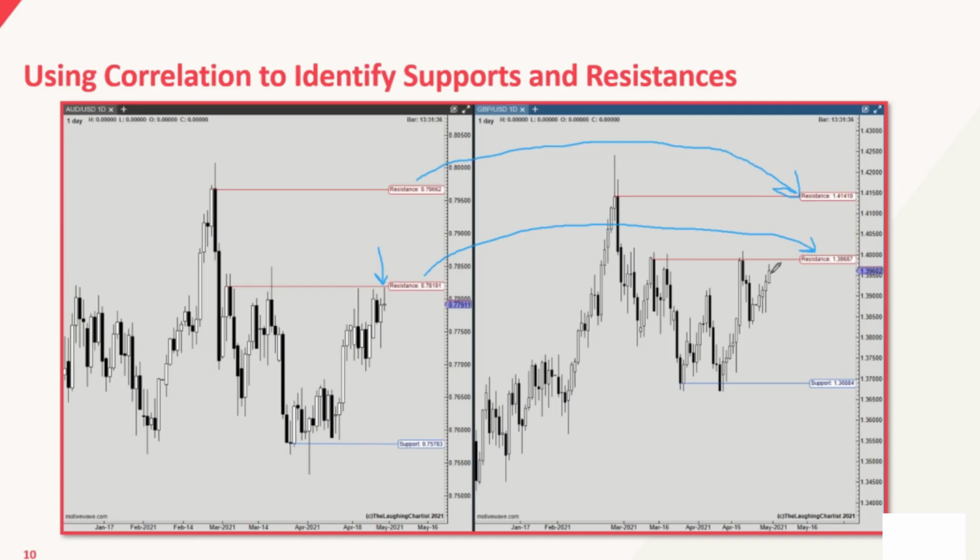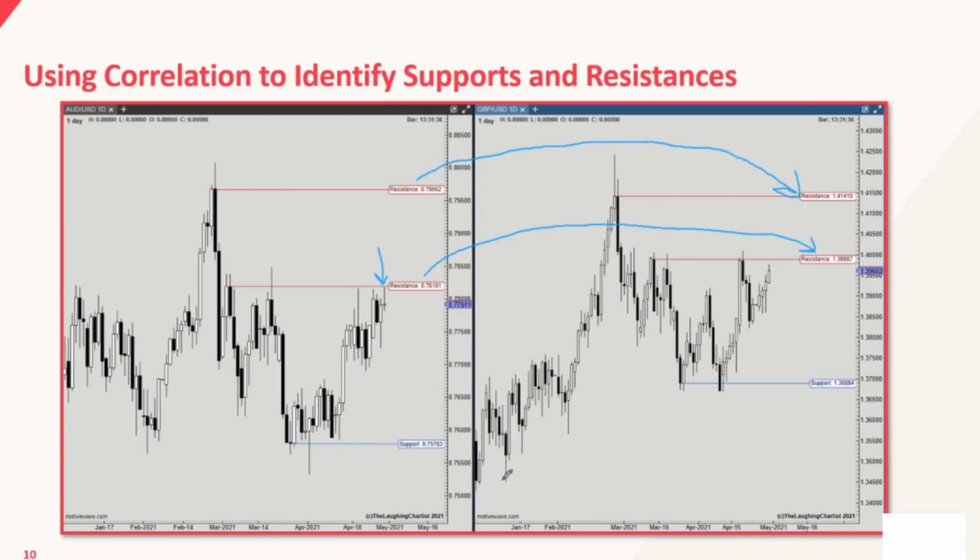So if you're going to go long on the pound dollar, it will be a risky move. Why? Because the Aussie dollar has already moved first and rejected it. The pound has yet to reach the resistance and has yet to reject it, and it's very, very near. So to go long on a pound dollar right now will be pretty risky. I hope this is how I'm able to help you guys understand correlation.